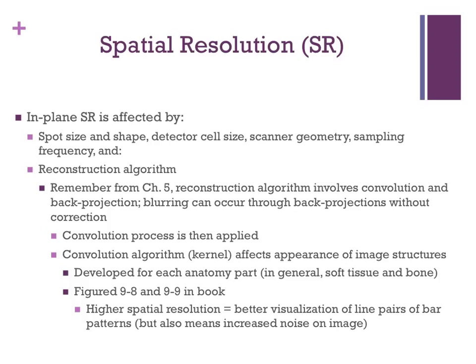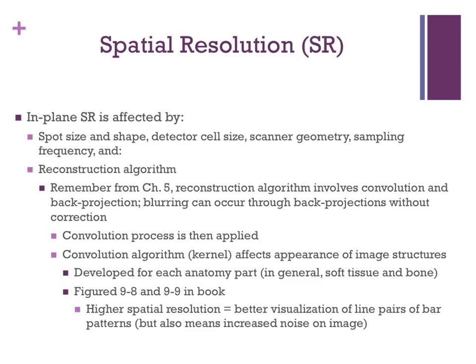Remember that in Chapter 5 we said that the reconstruction algorithm involves two mathematical procedures, convolution and back projection. If the projection profiles are back projected without correction, blurring occurs. To sharpen the image, a convolution process called a ramp filter is applied to modify the frequency contents of the projection before back projection.